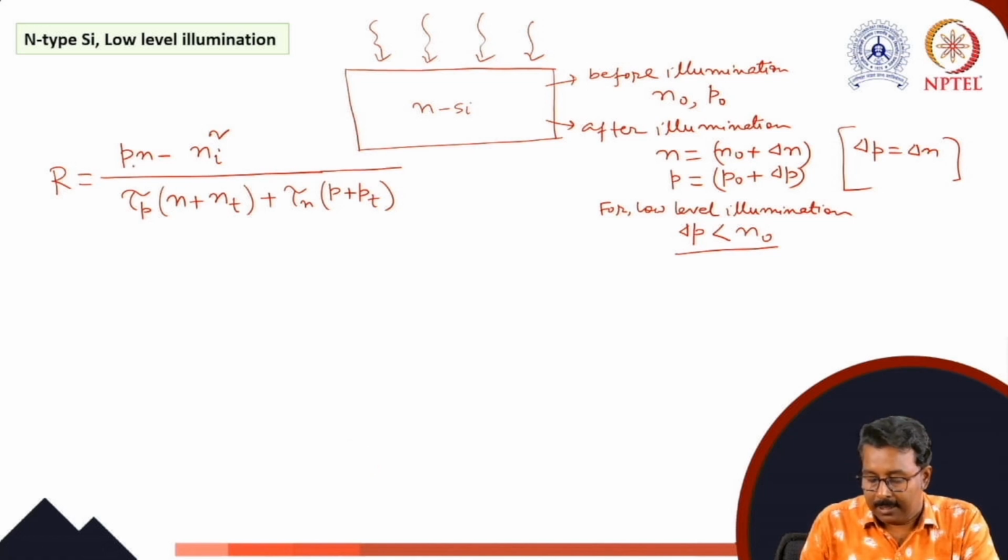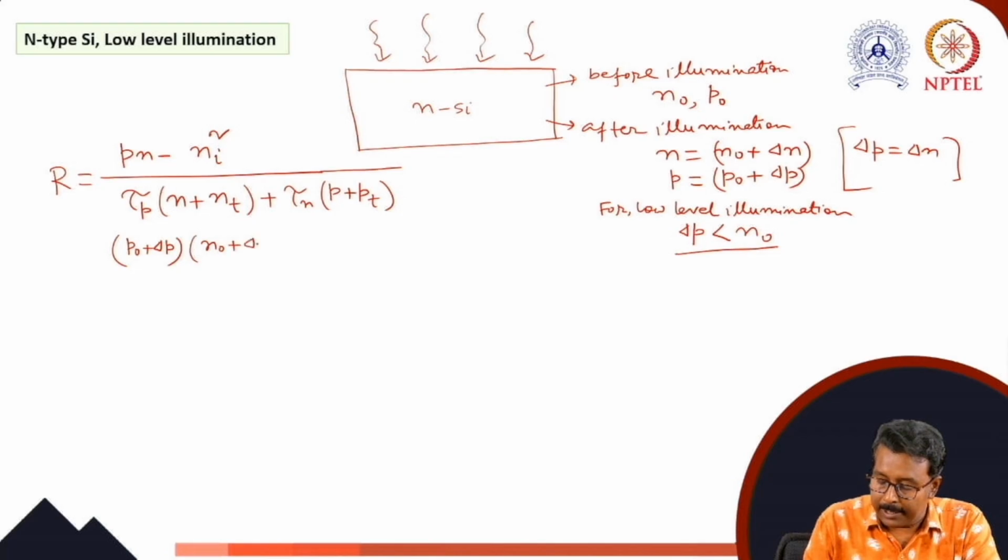We can write P as P0 plus delta P, and N as N0 plus delta N, minus Ni square.